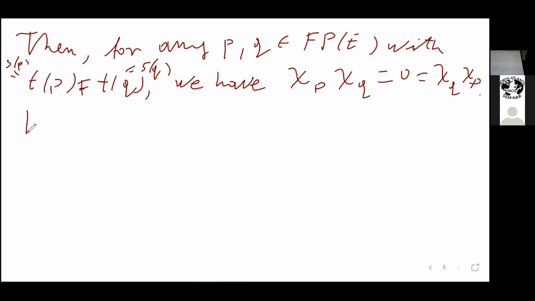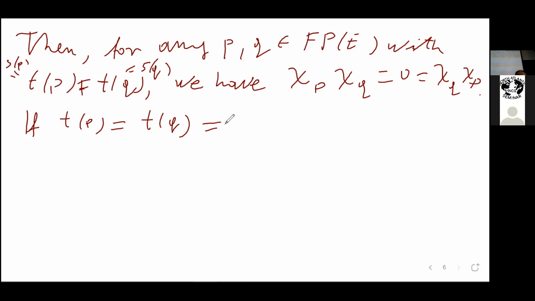Now, if it so happens that T of P is equal to T of Q, then remember, this is very important, that the only paths starting at a given vertex are either a vertex itself or a length 1 loop.